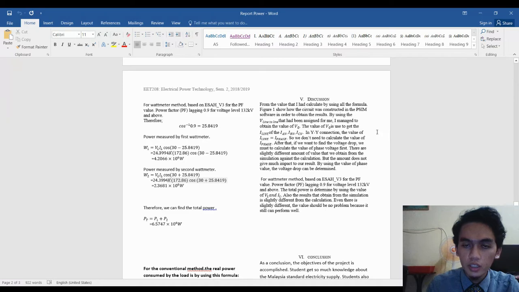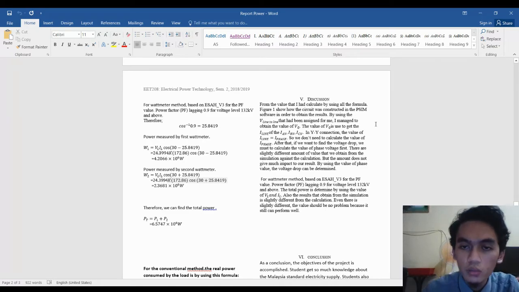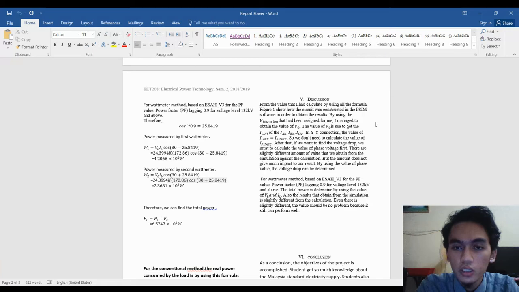For the discussion, from the values that I calculated using all the formulas, figure 1 shows the circuit constructed in the PSIM software in order to obtain the results. By using the V line to line that was assigned to me, I managed to obtain the value of V phase. The value of V phase is used to get the I line of IBN and ICN.